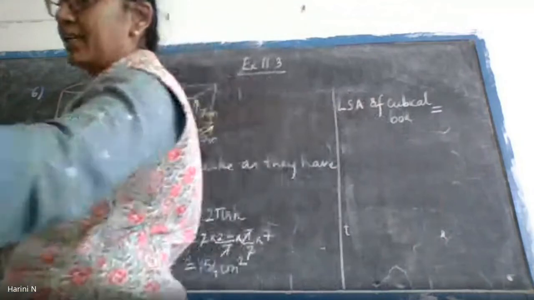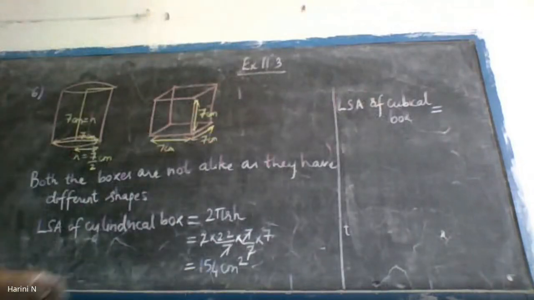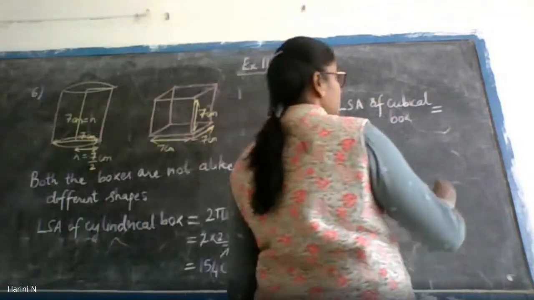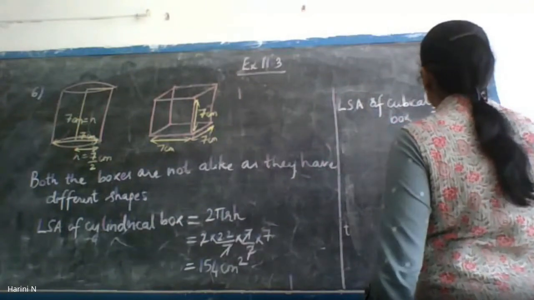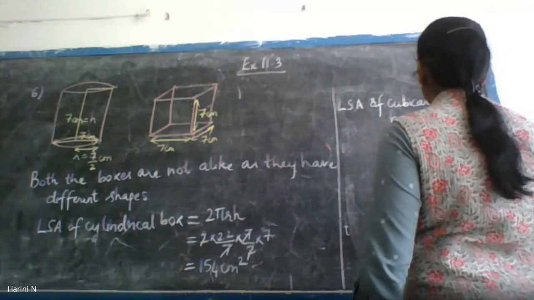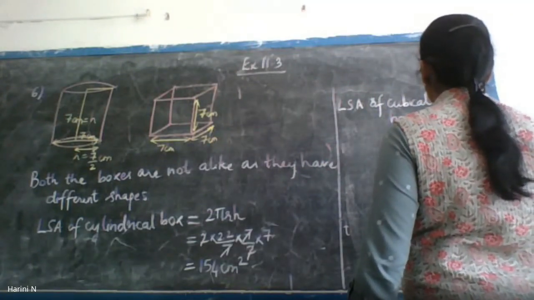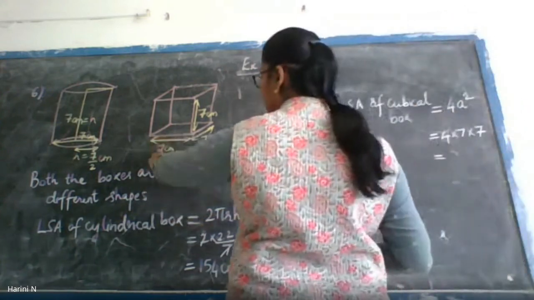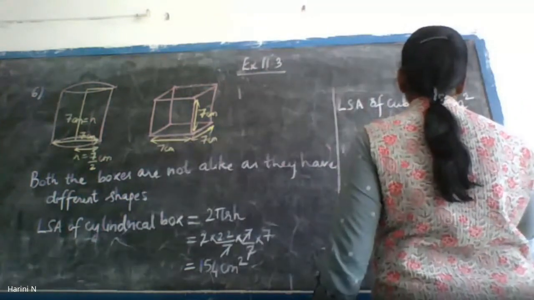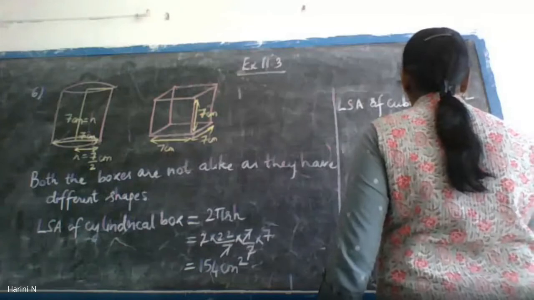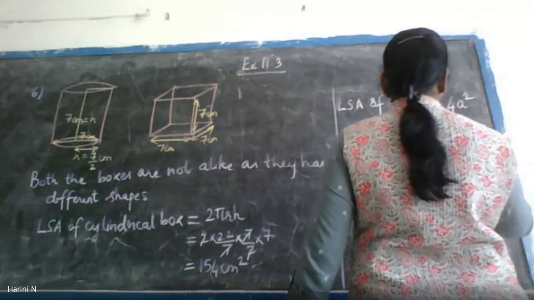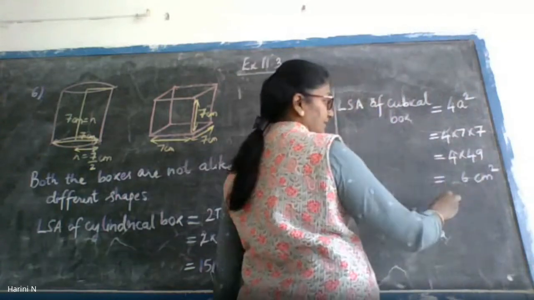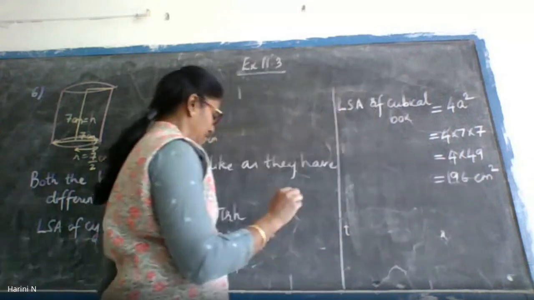Just now we have seen it for a cuboid. Now you want the LSA of a cube, which is 4a square. That is 4 into 7 into 7, because the edge of the cube is given as 7. So 4 into 49. How much is that? 4 9s are 36, carry 3, 16, 1 9 is 6, so 196.